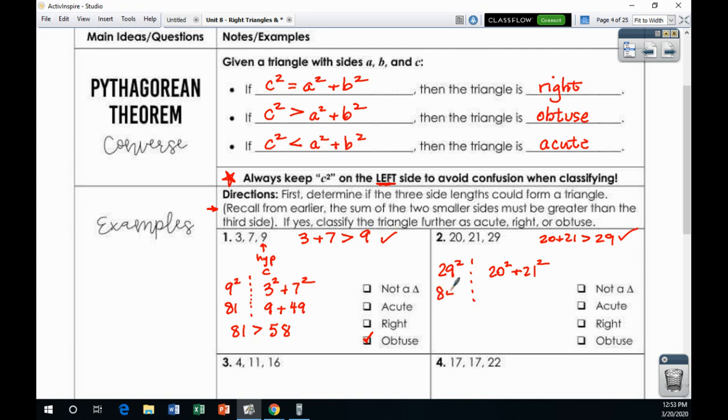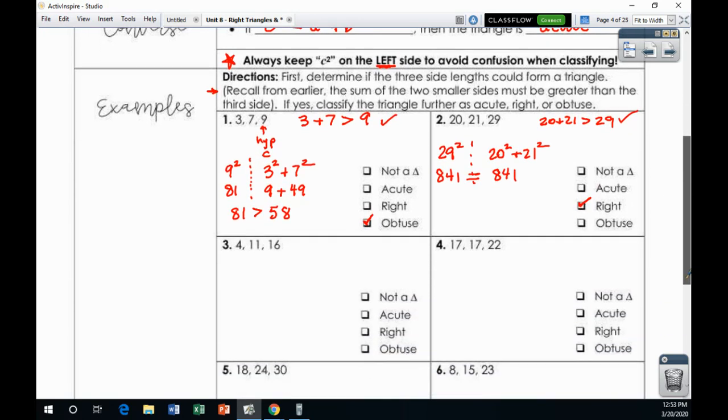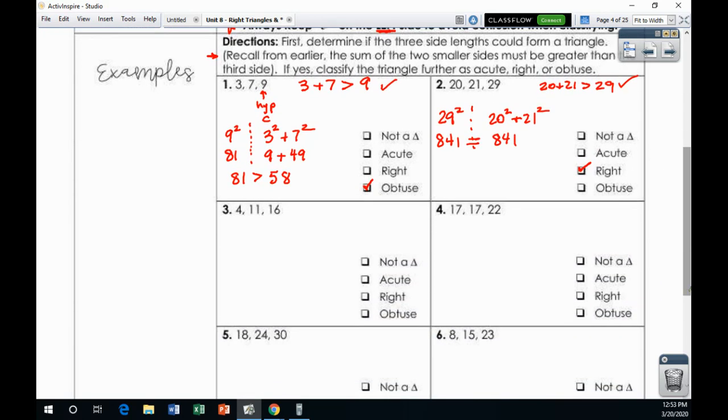Well, 29 squared is 841. And 20 squared plus 21 squared is 841 also. Since these two are equal, 841 equals 841, this forms a right triangle. You see where we're going with this, don't you?